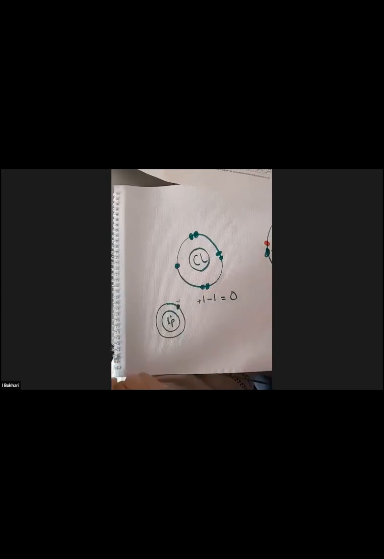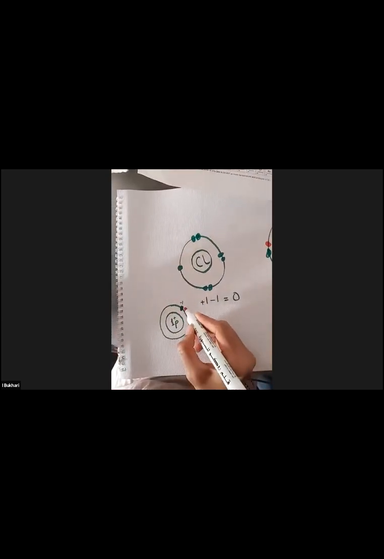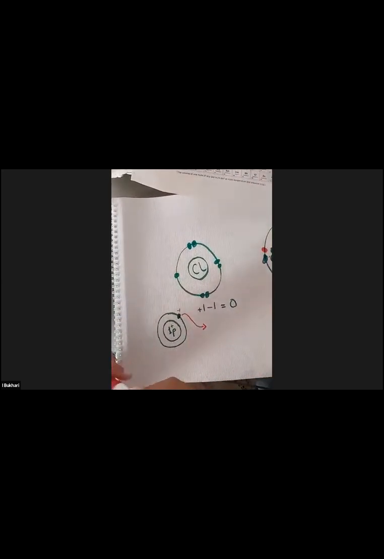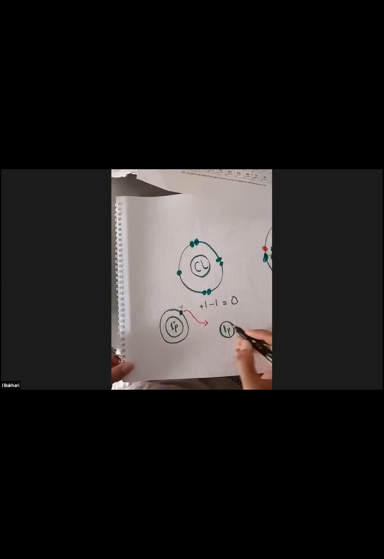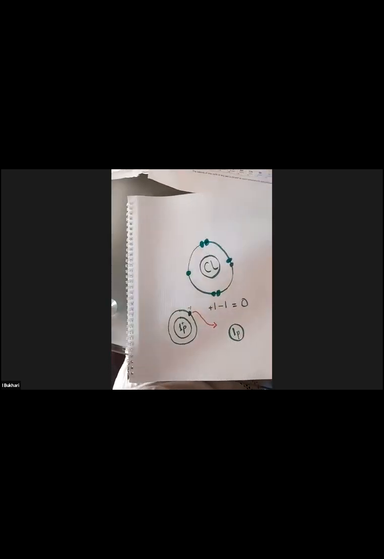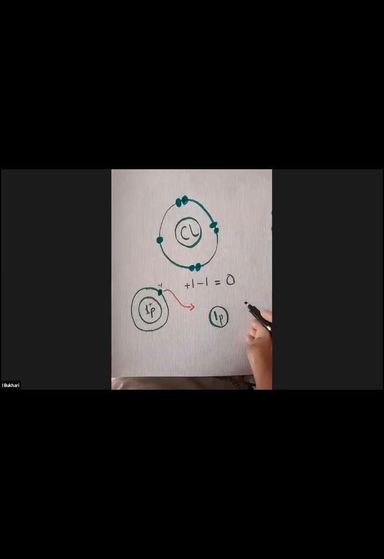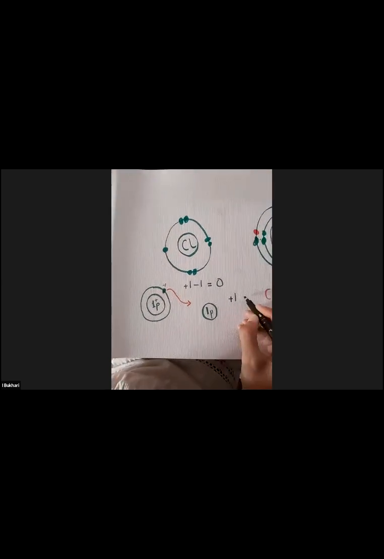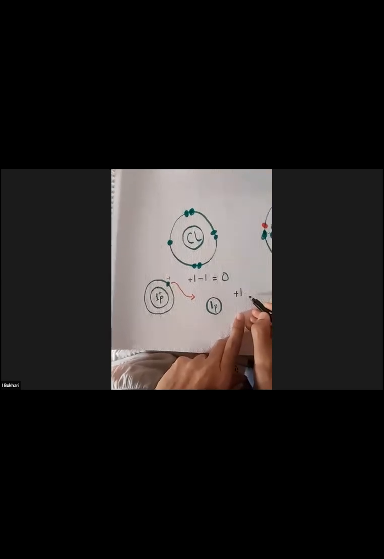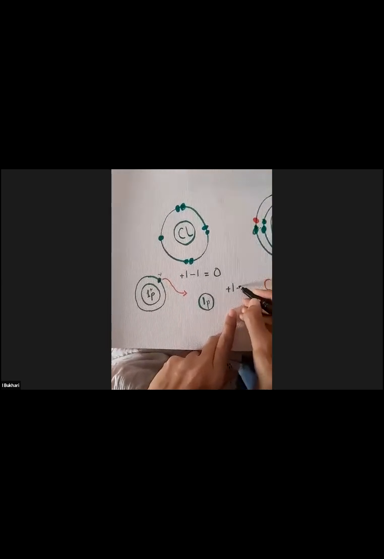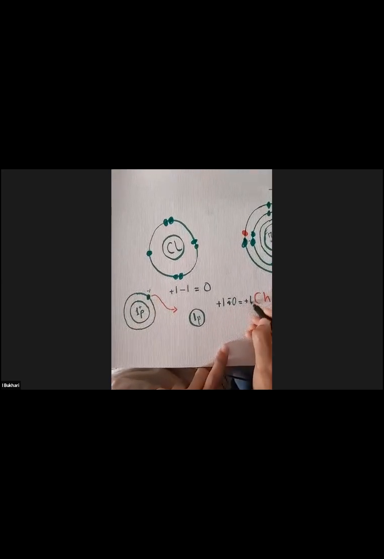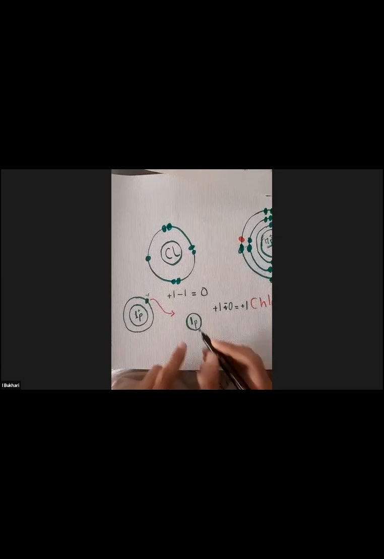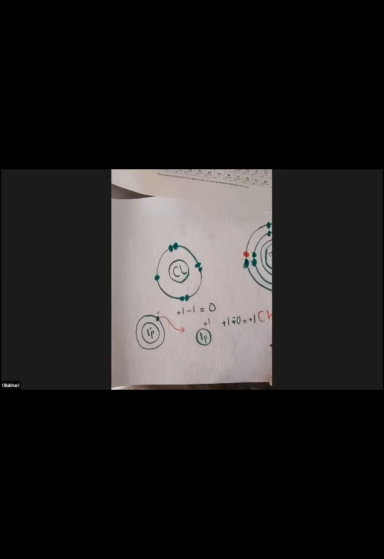Now, if it loses this electron, it is left behind with only 1 proton in the nucleus and no electron. So now it's only +1 with nothing to balance it. So this has a net +1 charge.